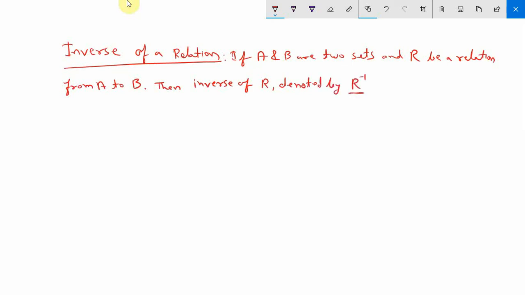Okay, we denote this is a relation from B to A.